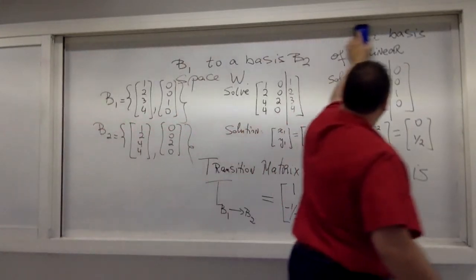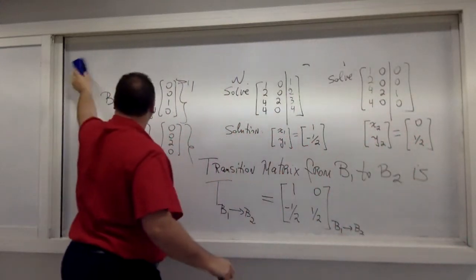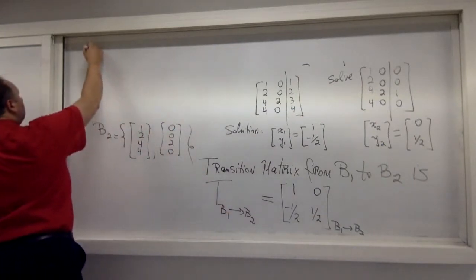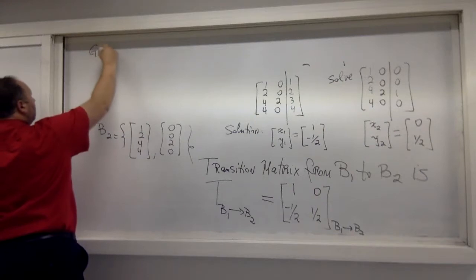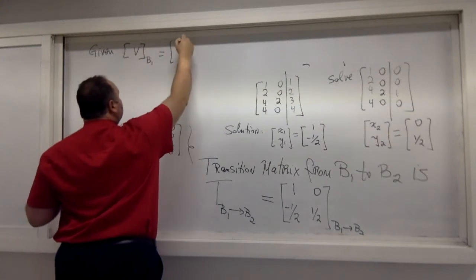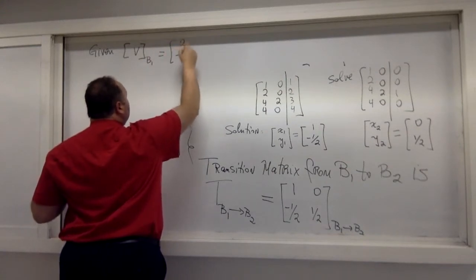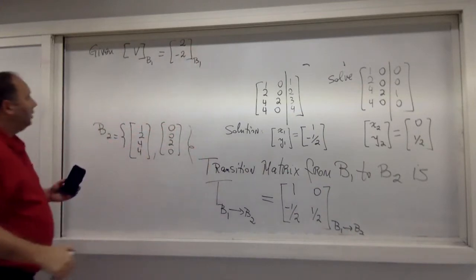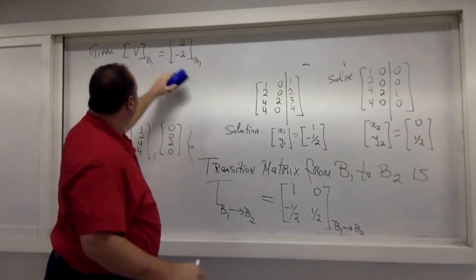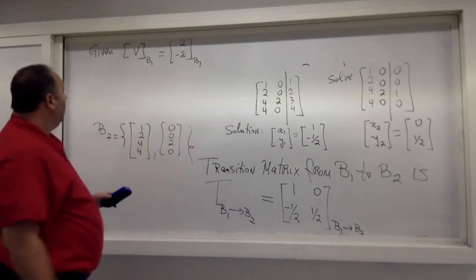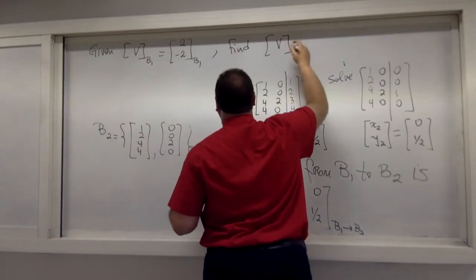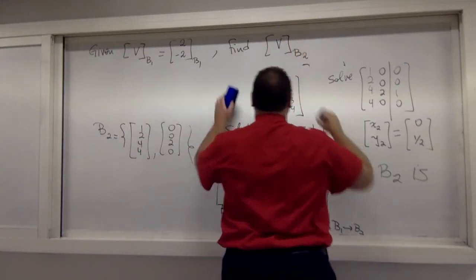Well, let's see. So vector V in basis B1, let's say coordinates are 2 and minus 2 for some reason. Well, I can find what is vector V, obviously, but all I want now is coordinates of the same vector in basis B2. So coordinates of vector V in basis B2.